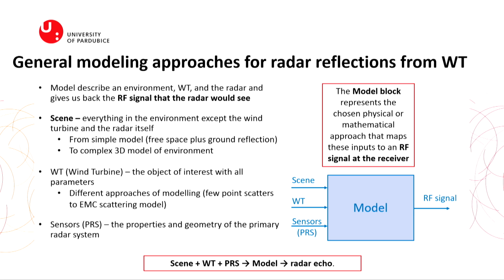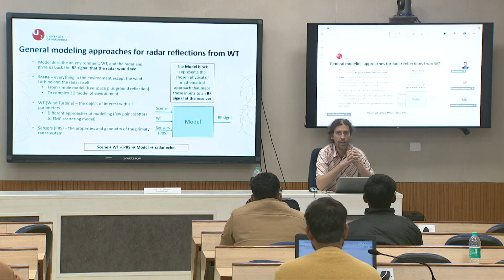It is the object of interest with all parameters: tower, blades, and so on, as you will see later. And the sensor, of course, must also be modeled really carefully.